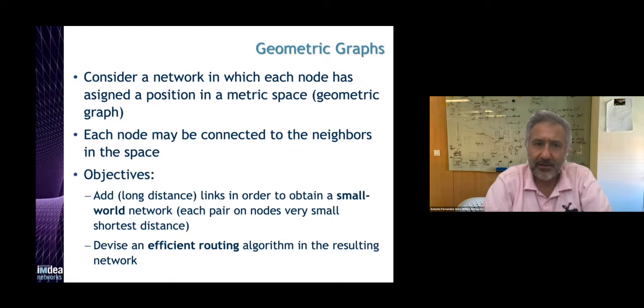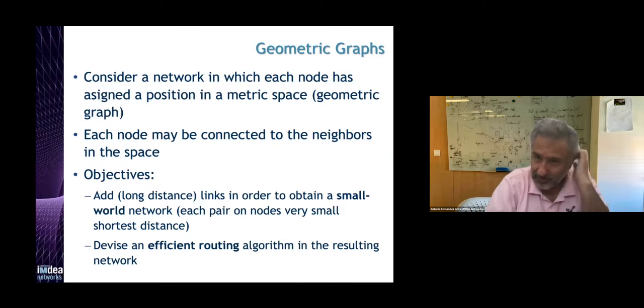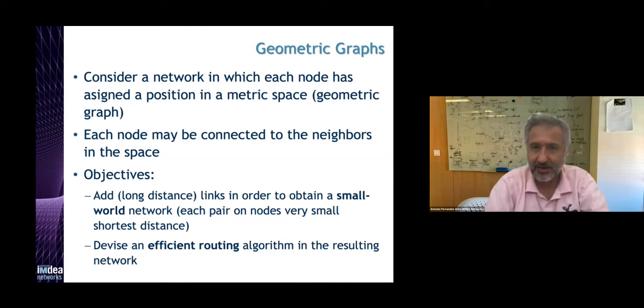And in this graph, since every node has a position, very commonly nodes will be connected to the neighbors in that space. So it's a little bit like you did this graph and we were talking before, but in a very generic setting.